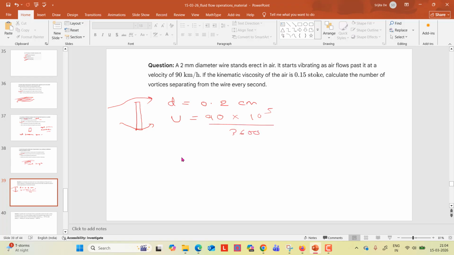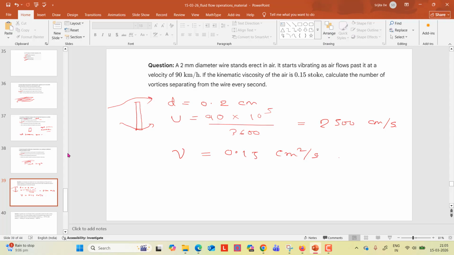So it will come as 2500 centimeter per second. Then kinematic viscosity is 0.15 Stokes, meaning 0.15 centimeter square per second.